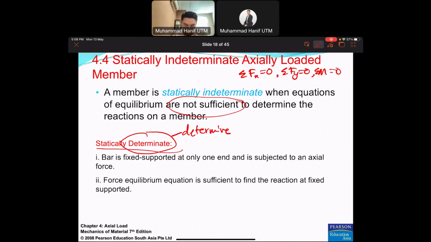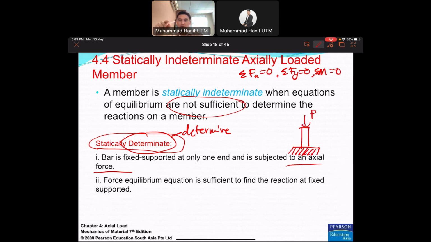So back to this one, statically determinate means that the bar is fixed, for example, supported at one end, and is subjected to an axial load force. This one is very straightforward. When you have a bar on the floor, you have only this point load P. This is example number 1, which is already explained in example 1, if I'm not mistaken.